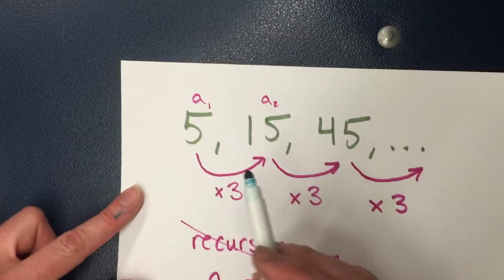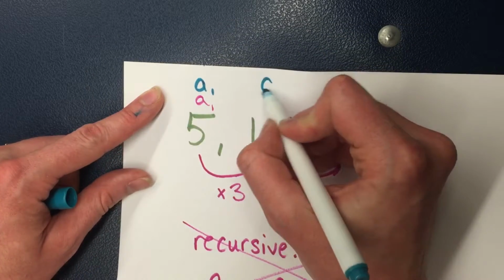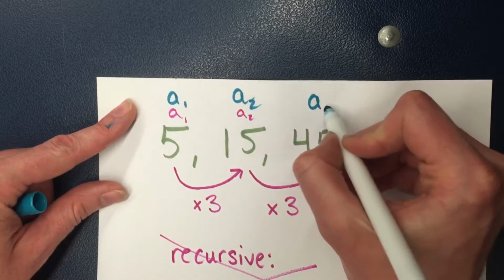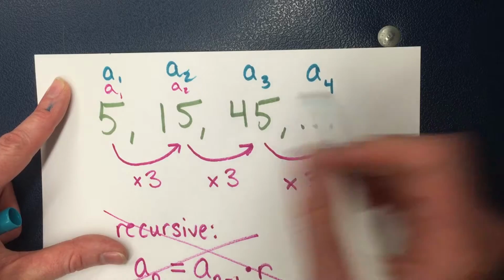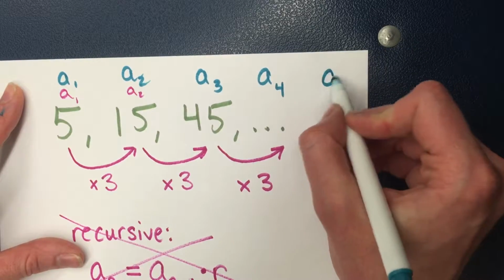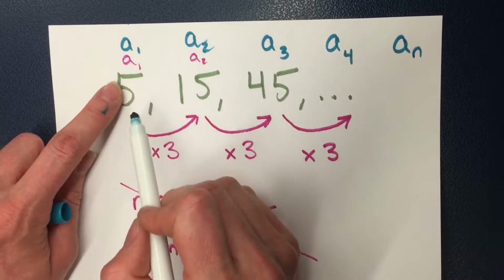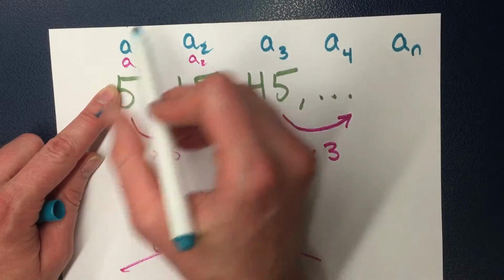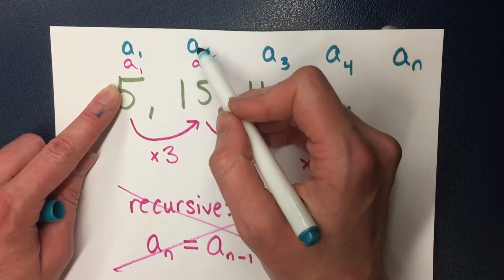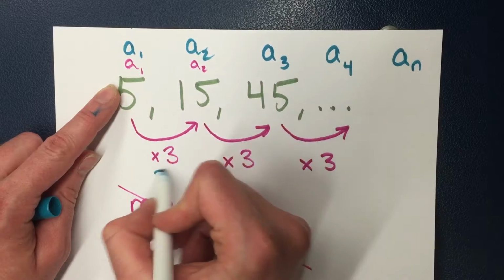So let's think about how we get each of these values. We'll call this a sub 1, a sub 2, a sub 3. We could continue a sub 4, or we could go on and on until we got to a sub n, any term in the sequence. In order to get from the first term to the second, we'd take the first one and multiply by 3 once. So a sub 2 is 5 times 3.